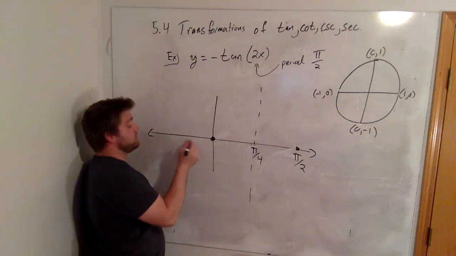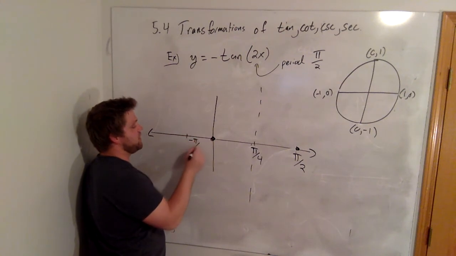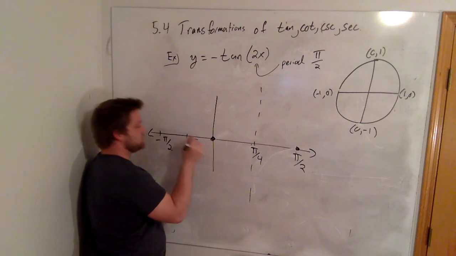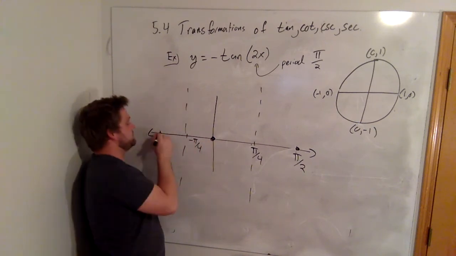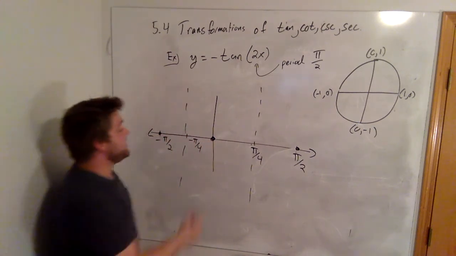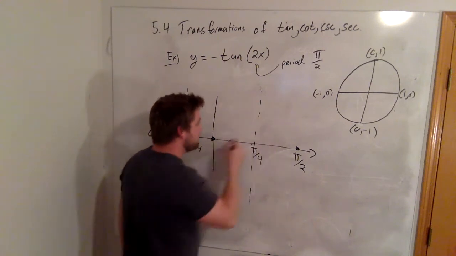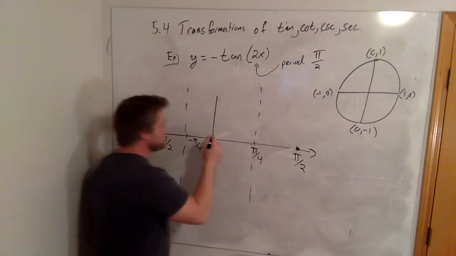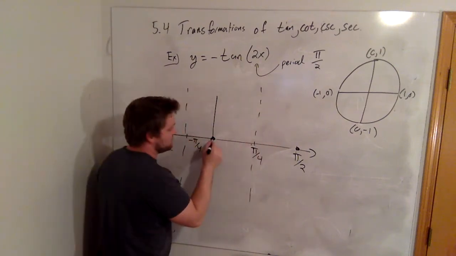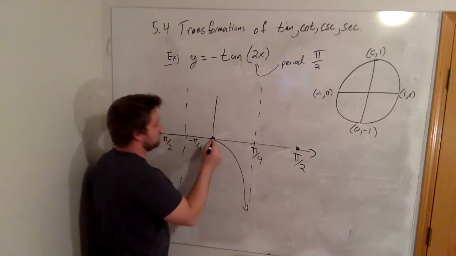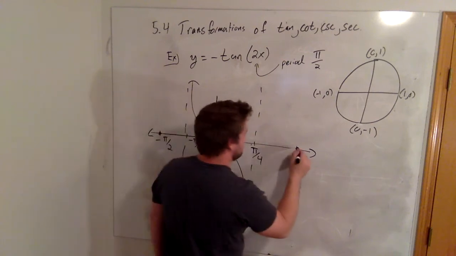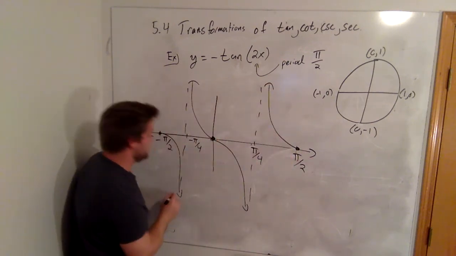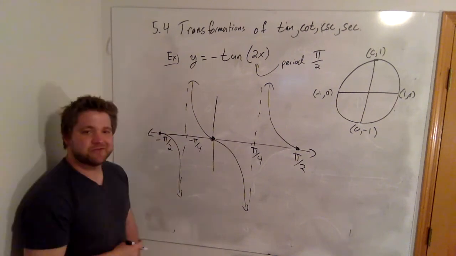We can continue that over here, negative pi over 4 and negative pi over 2: x-intercept, asymptote, x-intercept. Normally tangent will be approaching upward, but notice this negative out front, I'm reflecting it over the x-axis, so it's not going to go up, it's going to go down. So here's our graph. Here's the graph of negative tangent of 2x.